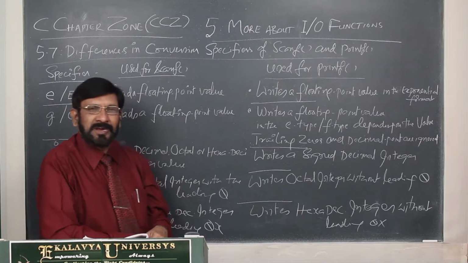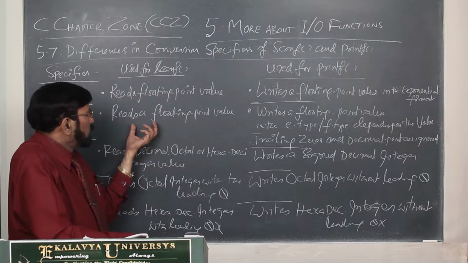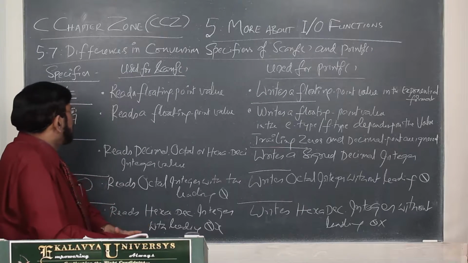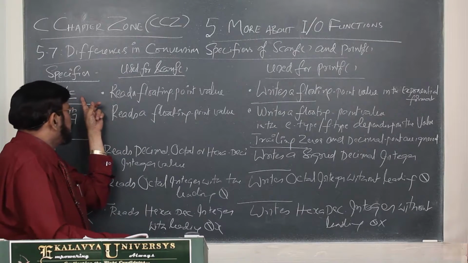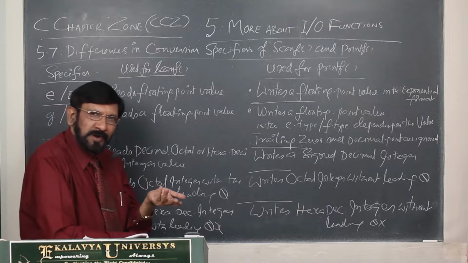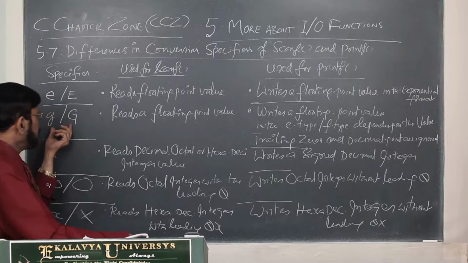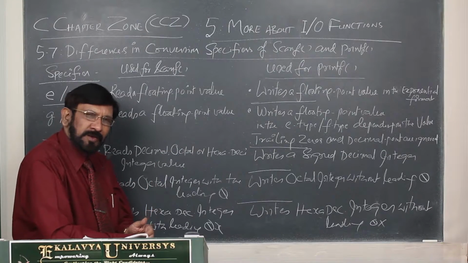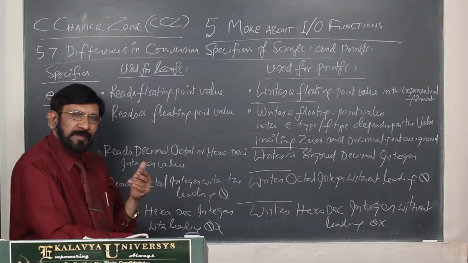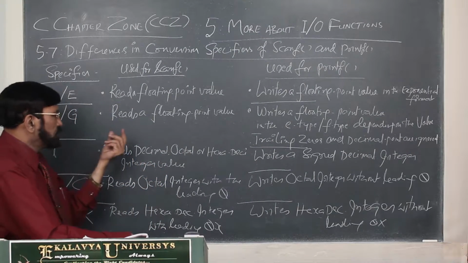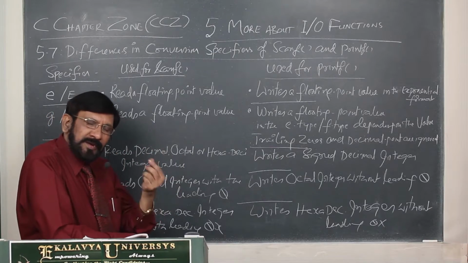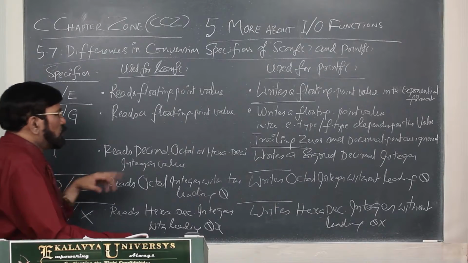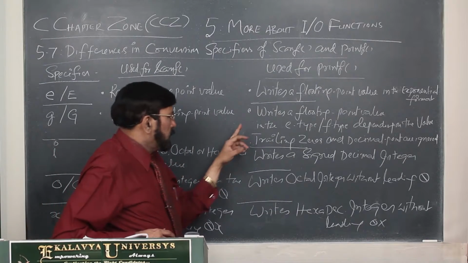Like percentage f, this also reads a floating point value in scanf. Percentage e is meant for reading a floating point value, percentage g is used for reading a floating point value, and in the same manner percentage f is also used for reading a float value. That point you have to understand.